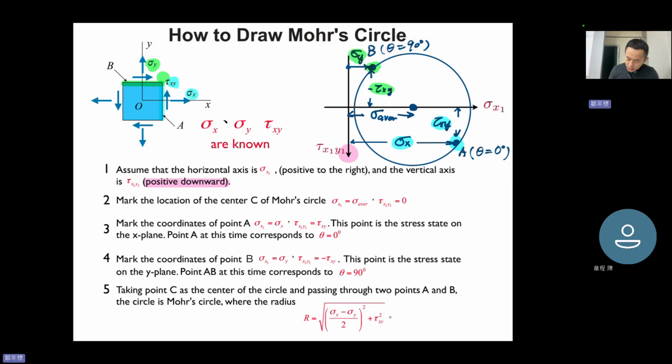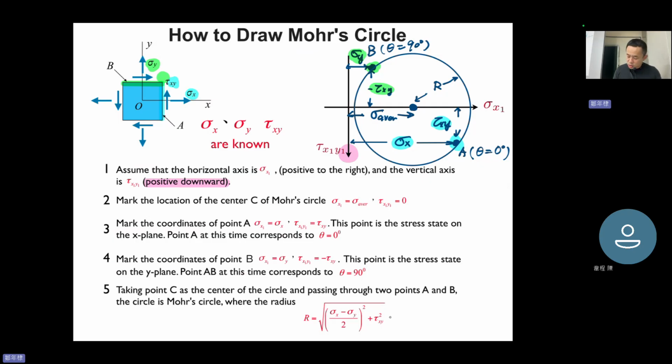Okay? And of course, in the circle, you have radius r. So you see, theta equals 90 degrees at this point. And theta equals 0 degrees here. Okay? So now you can obtain every direction, every orientation in this circle.